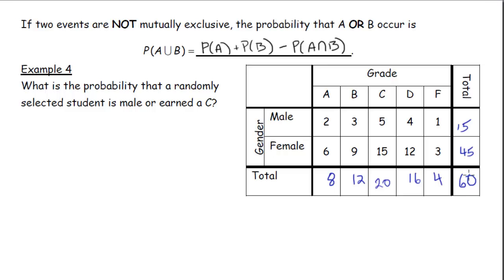So we're interested in the probability that a randomly selected student is either male or earned a C. So we are male up here. And students earned a C right here.